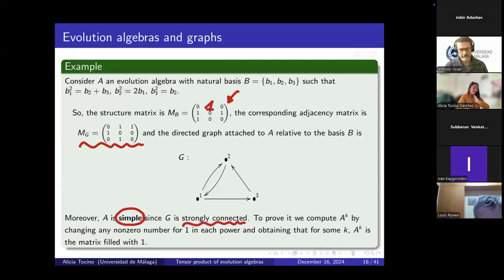How can we prove that the graph is strongly connected? If we compute the powers of the adjacency matrix and we change each number that is different from 0 for 1, and we do the computation, if we arrive at some k in which the power matrix is filled with all 1s, then our graph is strongly connected.